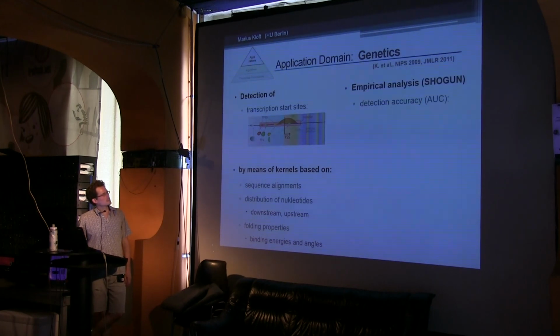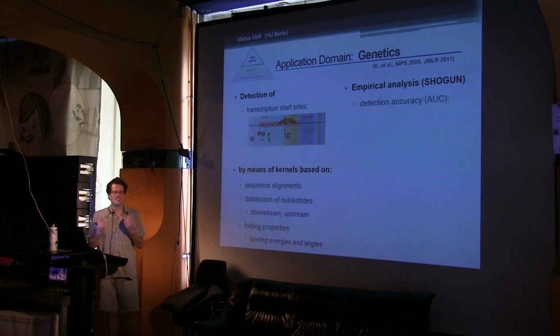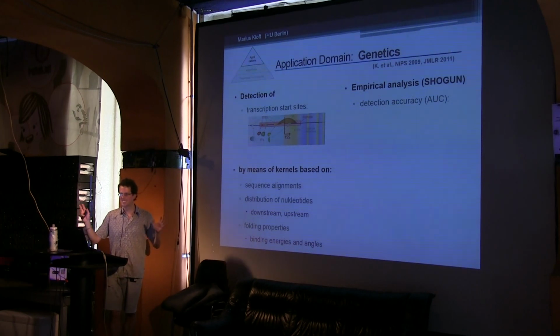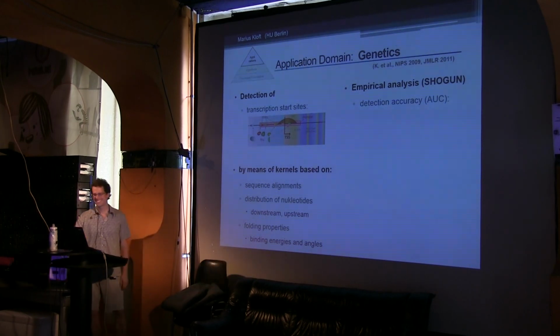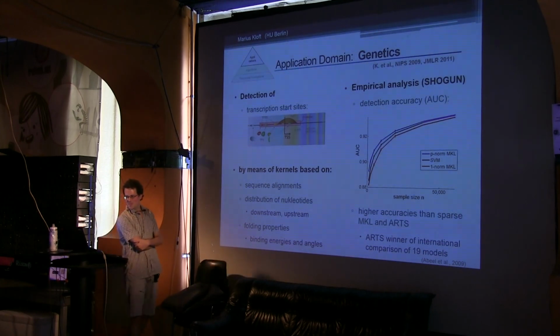The empirical analysis comes with a challenge here because these data sets are really large. However, the nice thing is that in Shogun we have incredibly nice and efficient string kernel implementations, and this is what really saved us here.